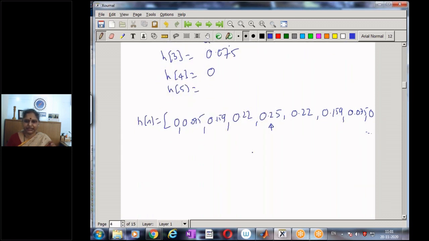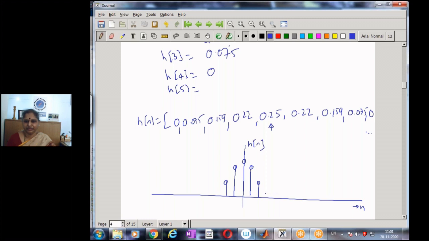Now I can plot this impulse response h of n. So 0.25 for n equal to 0, 0.22 for n equal to plus or minus 1, then 0.159 for plus or minus 2, then 0.075 for plus or minus 3, then it's a 0.